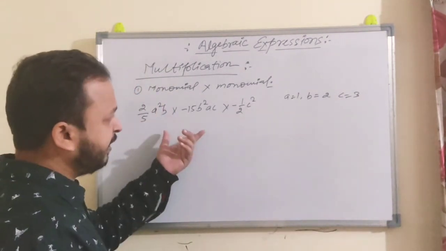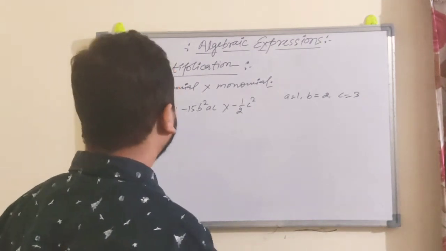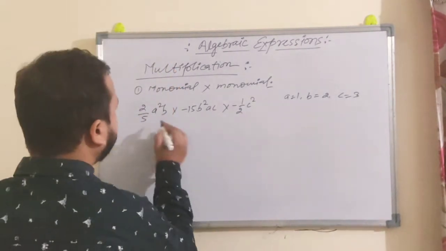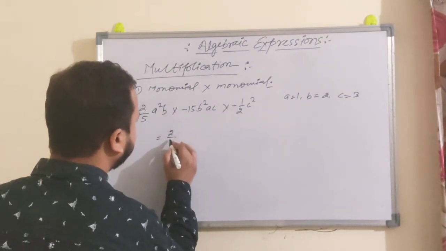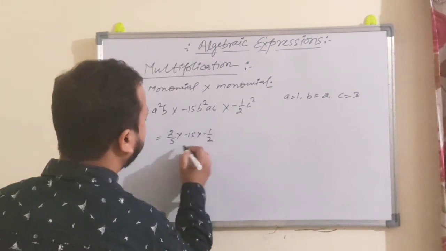So first we have to find the product, then we have to verify for these given values. So first 2 by 5 multiply with 15 multiply with minus 1 by 2.